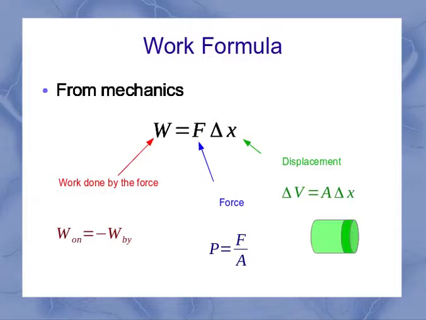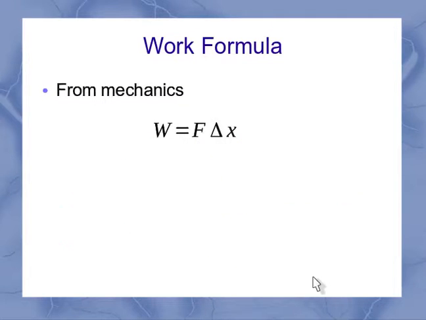The volume is going to be the area of the cylinder times the length of the cylinder. And the change in volume keeps that same constant area times just the little change in length of the cylinder. In general, we can use this change in volume and pressure for a gas because it doesn't have to keep a constant shape. So they are more general and more applicable for gases.